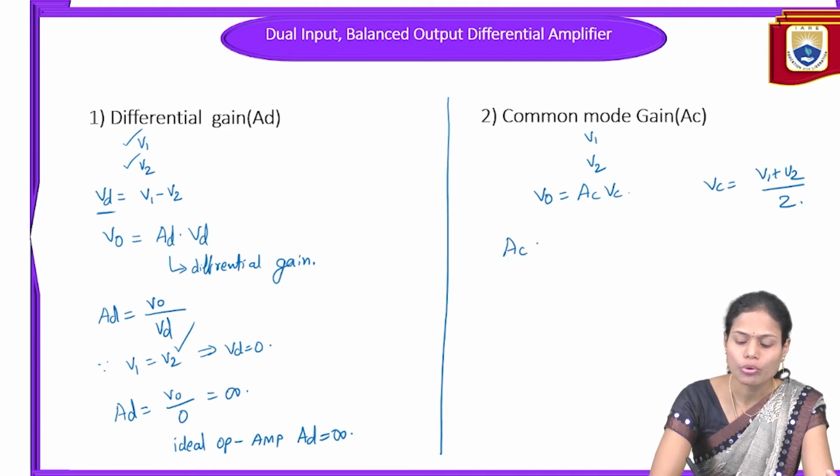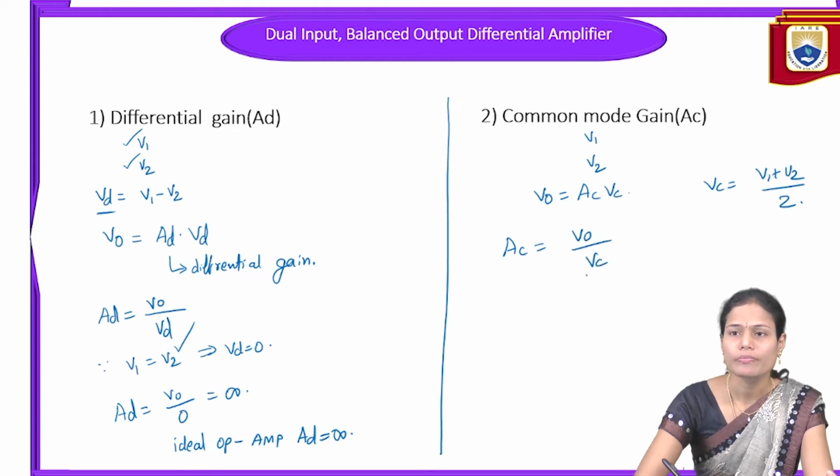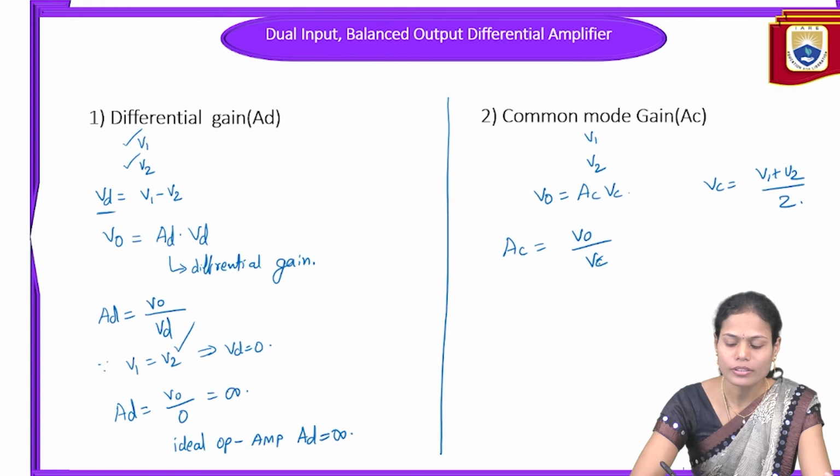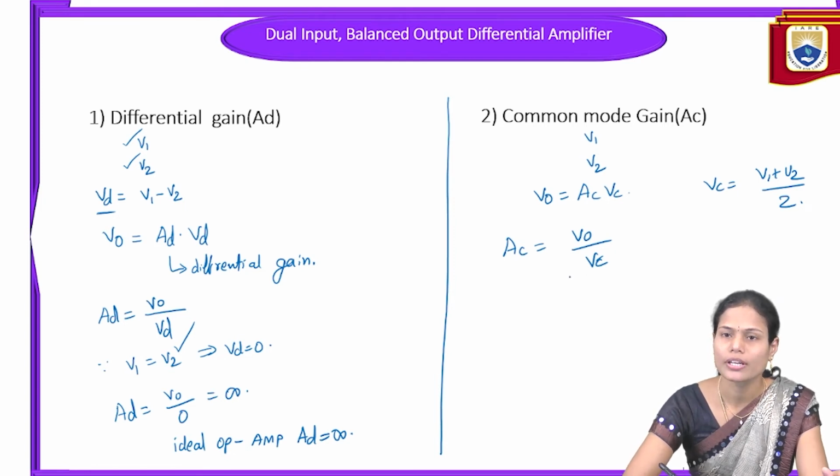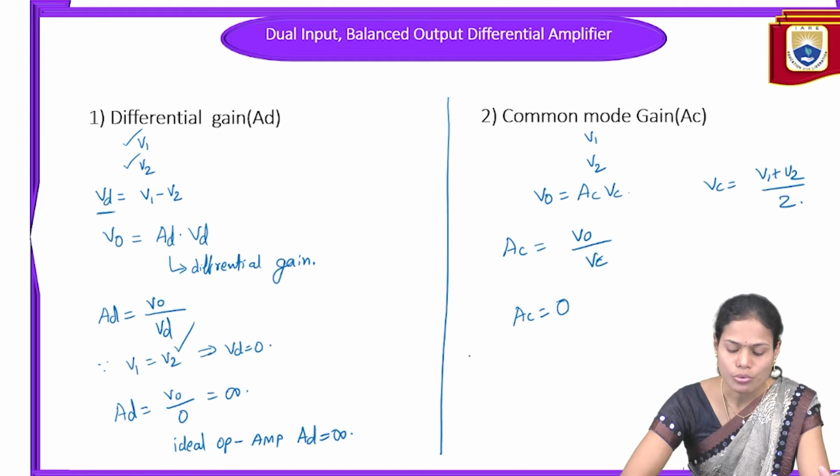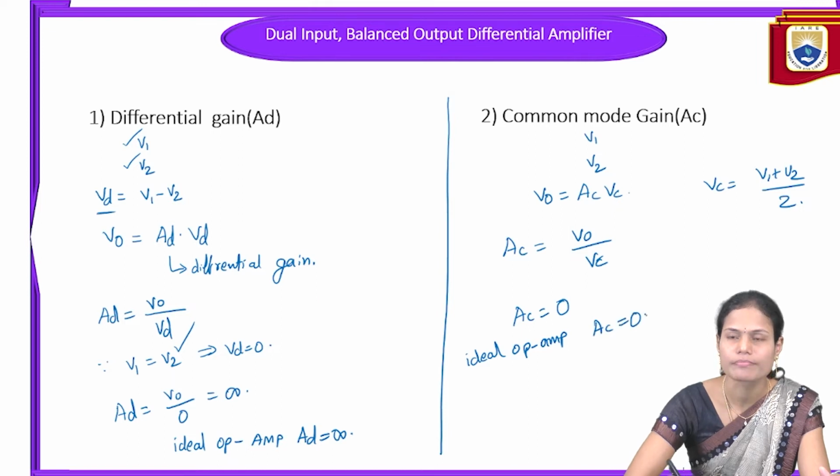So the common mode gain is V0 by VC. In this case, if we provide the common voltage, we will get a very small V0 value. So we will get the AC value here as 0. So in the ideal operational amplifier, the common mode gain is 0.